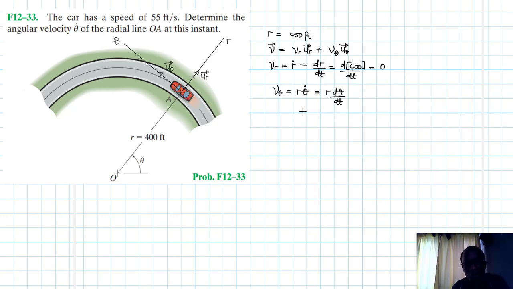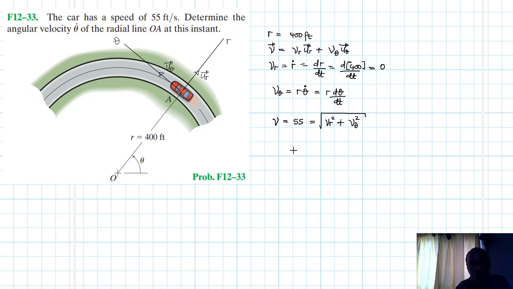So then our velocity, because the two components V theta and Vr are perpendicular, our magnitude of velocity, which is given as 55 feet per second, is going to be equal to the square root of Vr squared plus V theta squared.